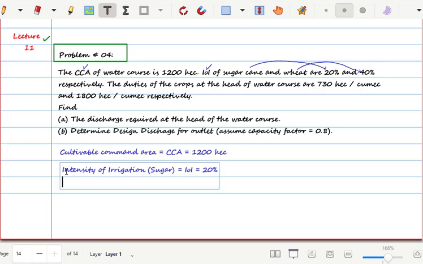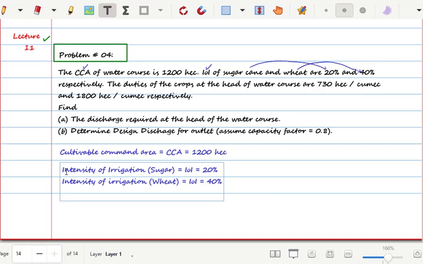And similarly, intensity of irrigation of wheat is given to us, which is equal to IOI of wheat is equal to 40%, right? This is given to us.